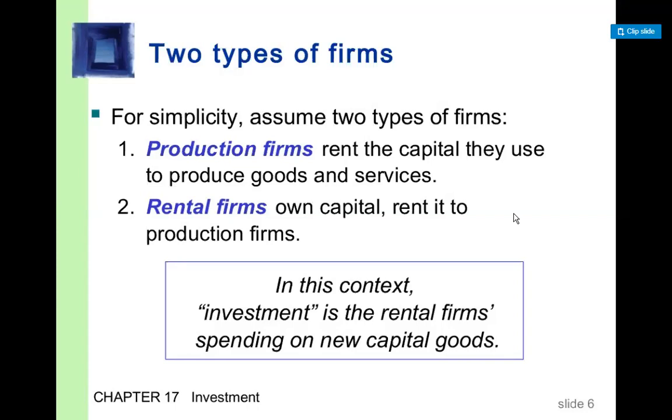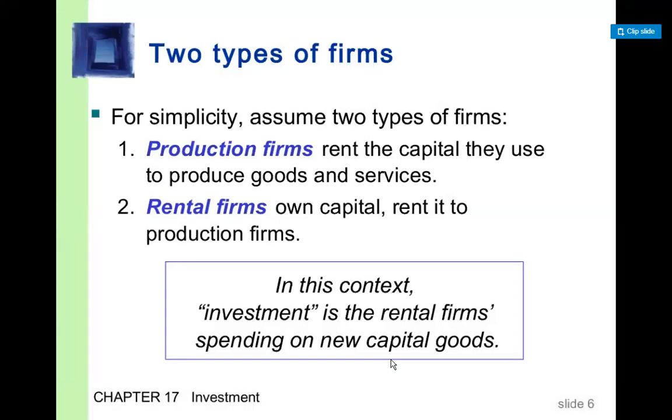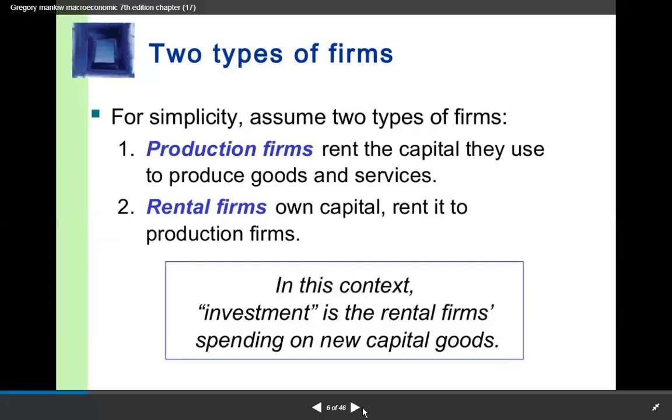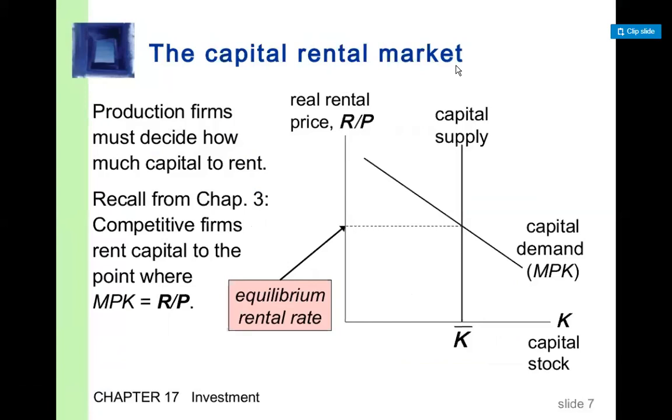Now we are going to explain the new classical model next. Keep in mind, we will keep both firms in discussion, in the new classical model of investment. Now we are going to discuss the production firm behavior. Production firms are the firms who produce goods and services by renting capital from rental firms.